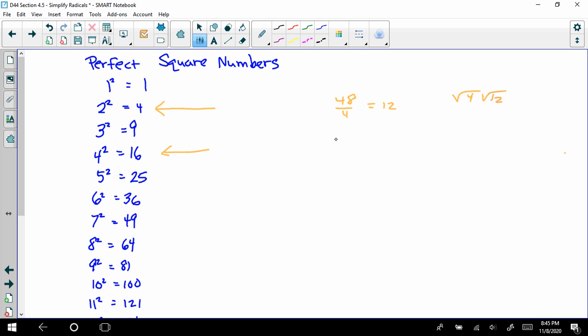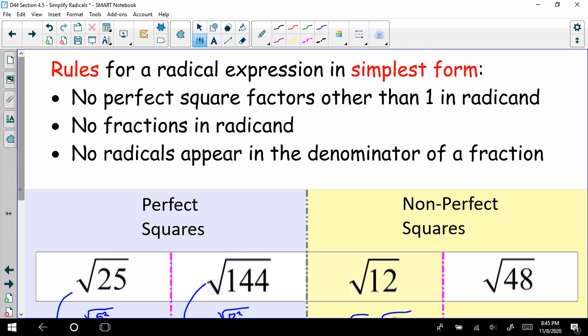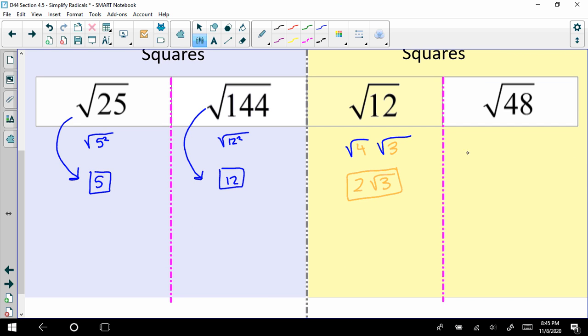If you double check and take 48 divided by 16, you end up getting 3. So that means we would have radical 16 times radical 3. This is the best option because if you purposely pick the biggest perfect factor, that means less simplifying work for yourself. So for radical 48, we are going to use square root of 16 times square root of 3.